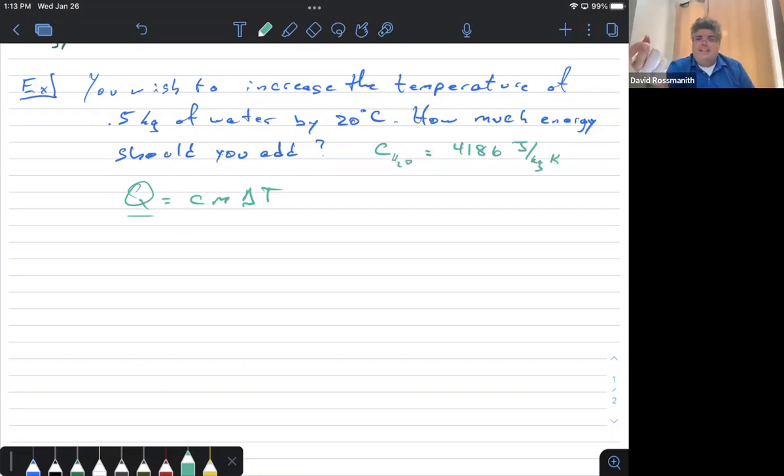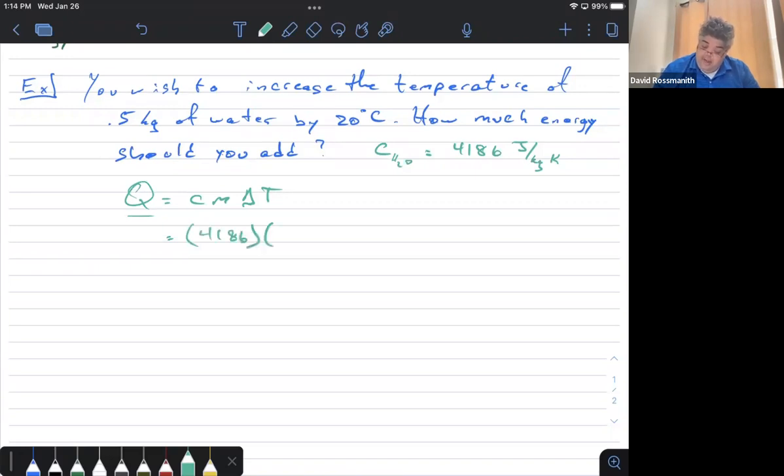It's not something you have to memorize. If you're on a test, then either the question will state the specific heat, or at the beginning of the test, I'll have a list of specific heats that are required. So I'll never ask you to memorize the specific heats or anything like that. You just have to use them. So this is a fairly straightforward question. Let's just plug the numbers in and get our answers. Specific heat, 4186.